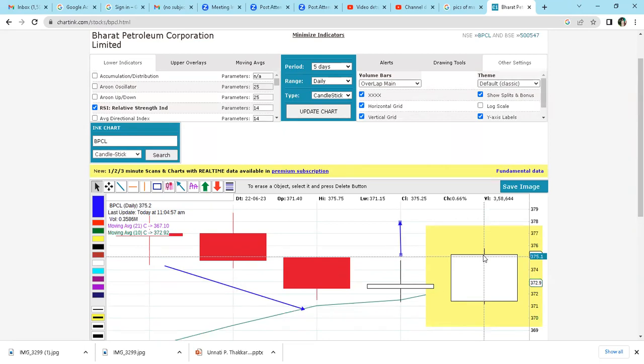It opened at 371.40 and, although the market is still operating, we can expect the closing to be in a higher direction, more than the opening.